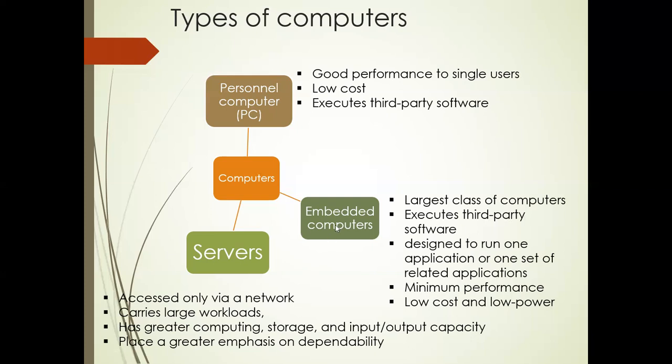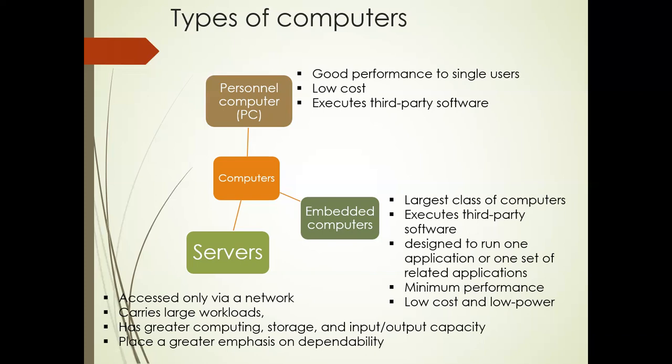Now, the second category, we have the embedded computer. These are getting more and more popular because of the explosion in the IoT domain. It is the largest class of computer. It should execute third-party software. It is usually designed to run only one application or some related applications.